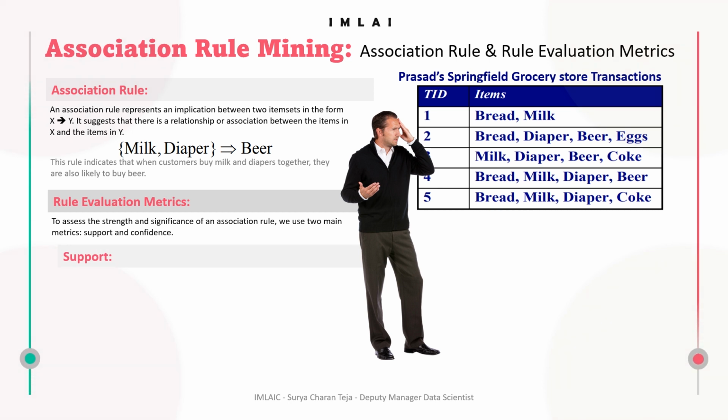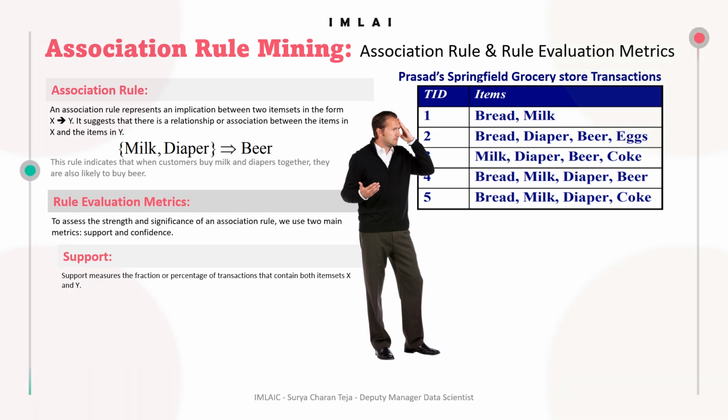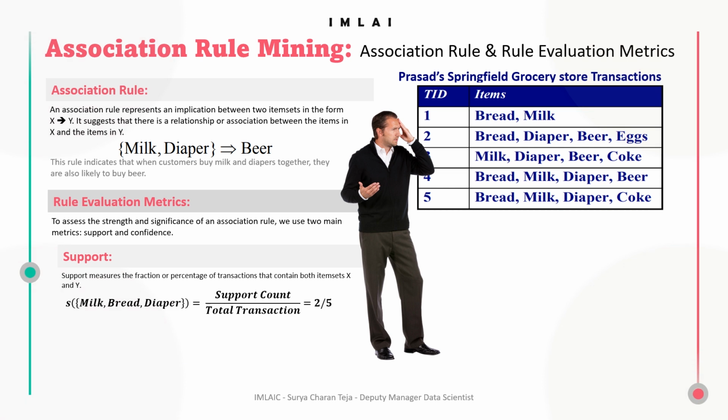Support measures the fraction or percentage of transactions that contain both item sets X and Y. In our grocery store example, which Prasad is dealing with, support would tell us how often customers buy milk, diaper, and beer together.